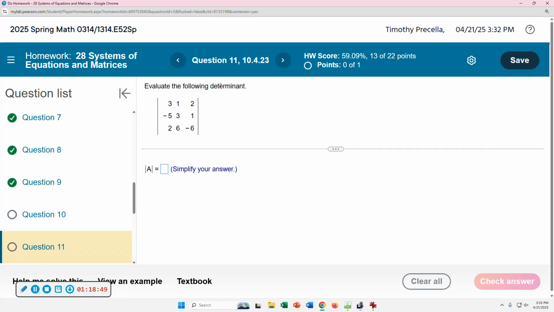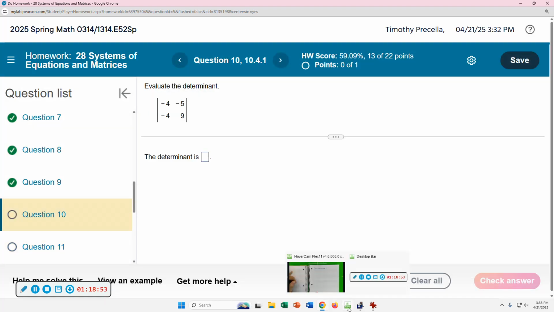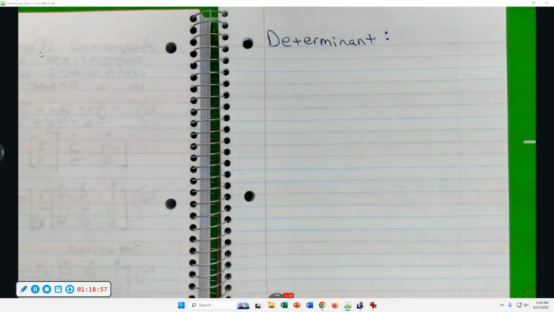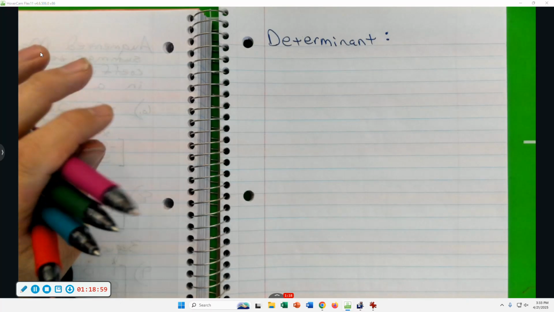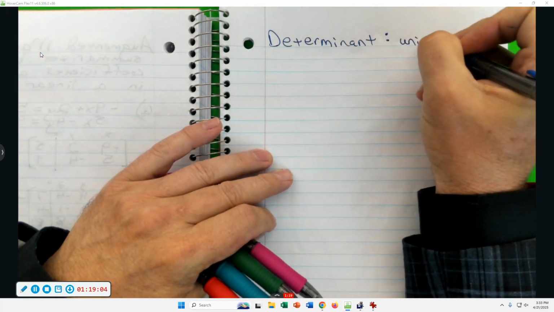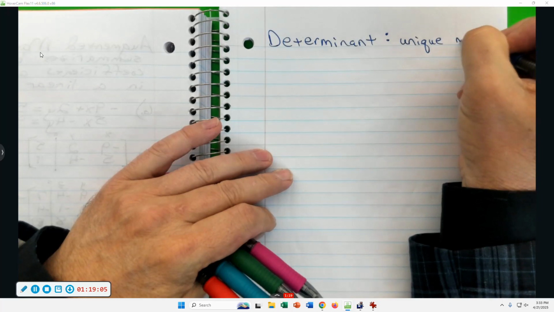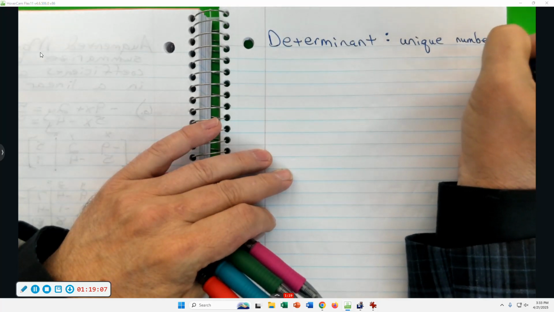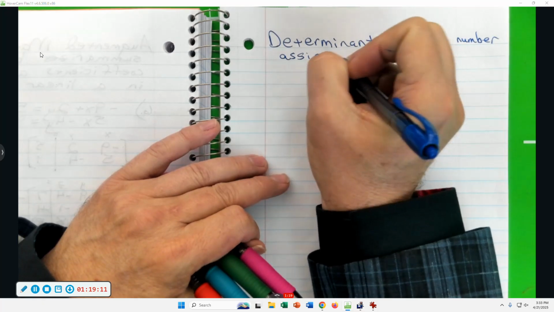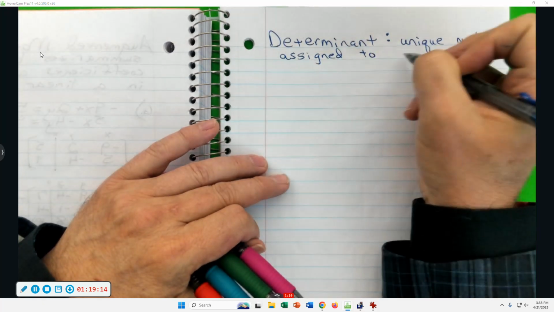But we're looking at something called determinants. A determinant is a unique number that's assigned to a square matrix.